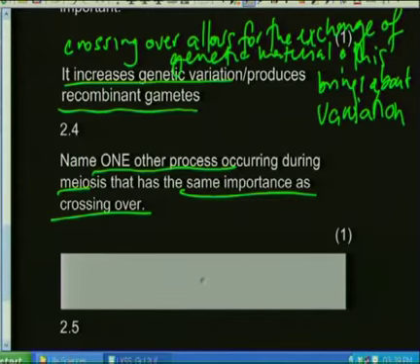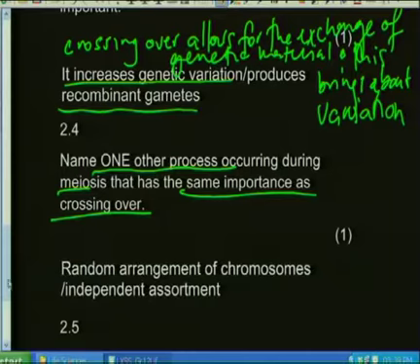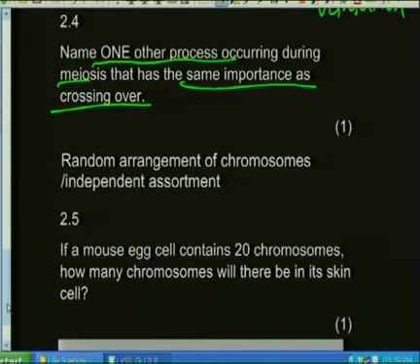Now, what importance is this? This importance is related to the fact that it brings about variety. So what other process takes place in meiosis to bring about variety? And that would definitely have to be the random assortment of chromosomes or independent assortment of chromosomes during metaphase. You don't have to say metaphase, by the way.